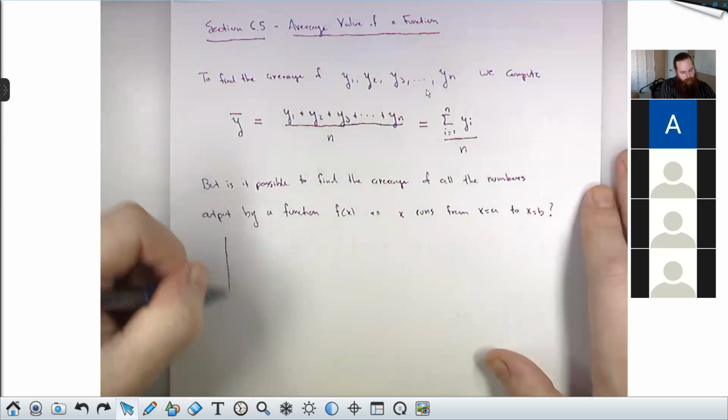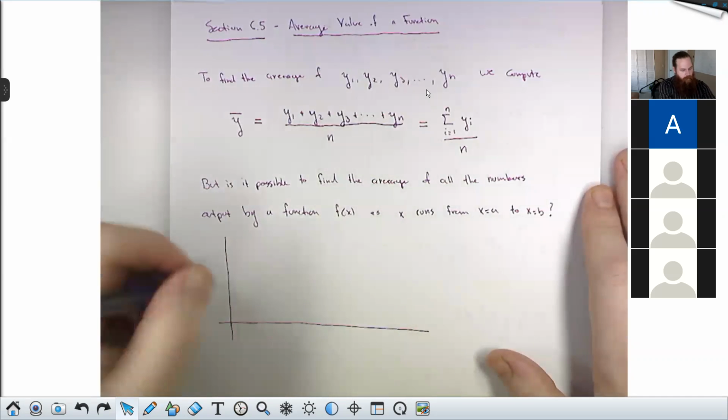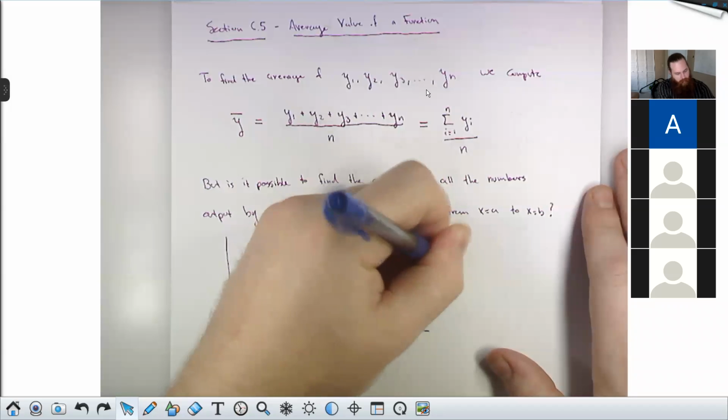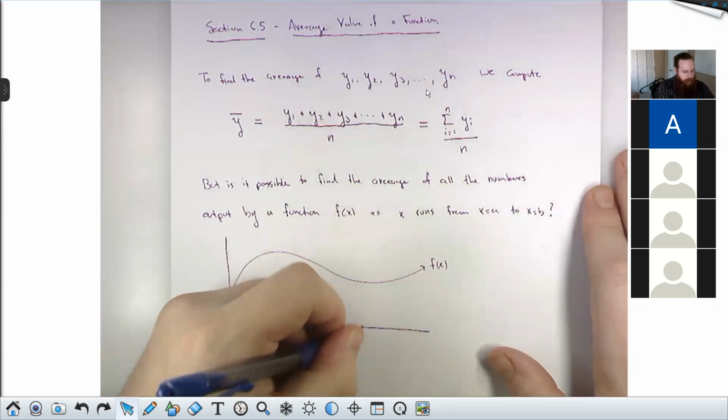So the picture here, here's your function. Maybe here is a, maybe here is b.